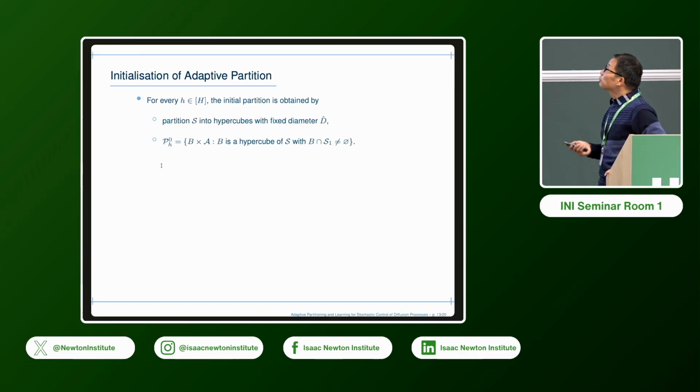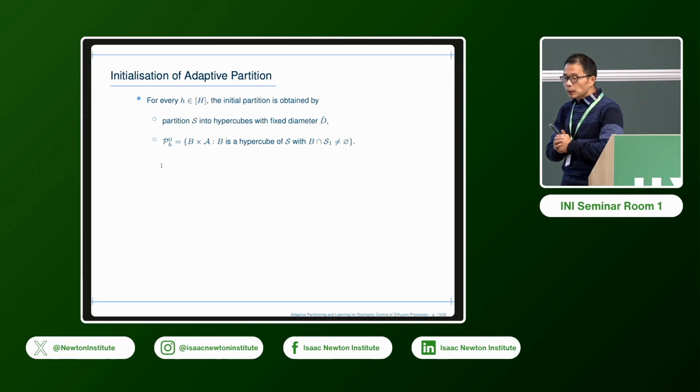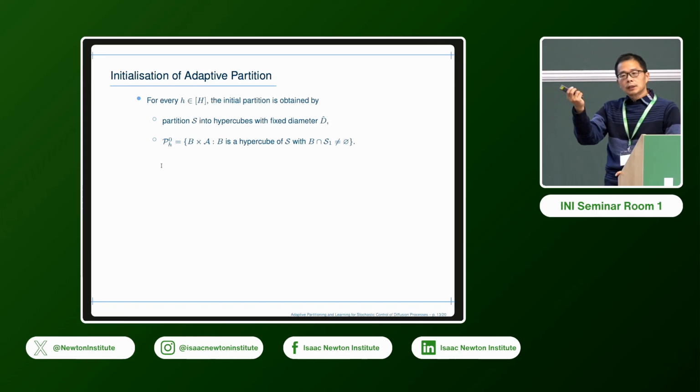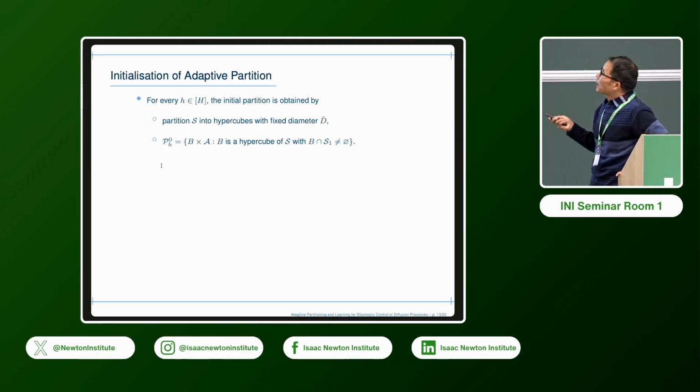finer initial partition. Firstly, we partition the state space into hypercubes with a fixed size, which I denote by d hat. And then we start with the partition of the big ball by picking up all those blocks in the state space times the whole action space.